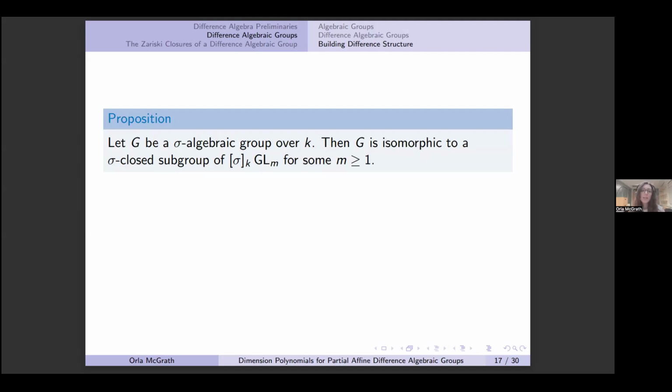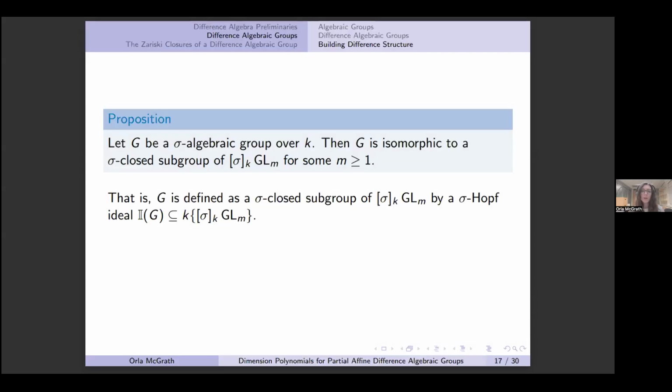So I might call this sigma K GLM, the difference algebraic general linear group. So we can use the facts that we know about the structure of sigma K GLM to tell us things about this group that we've embedded into it.